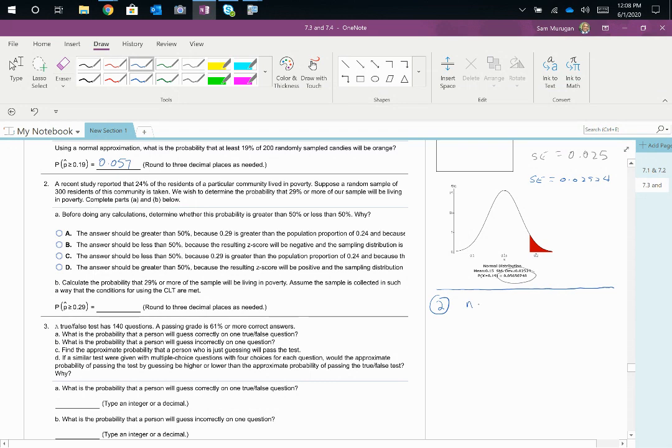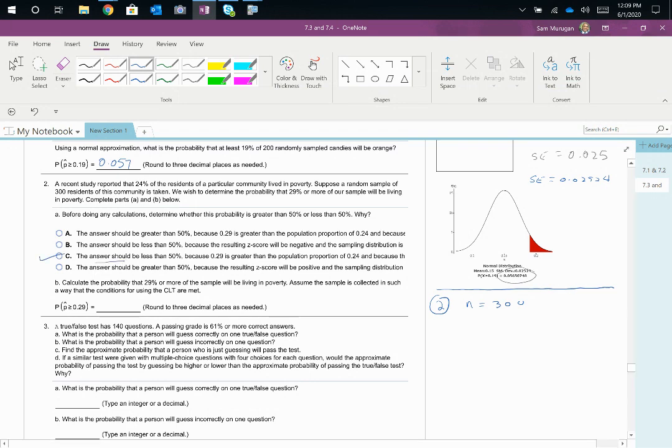So n is equal to 300. We wish to determine the probability that 29% or more of our sample will be living in poverty. Before doing your calculations, determine whether this probability is greater than 50% or less than 50%. So again, the answer should be less than 50%.